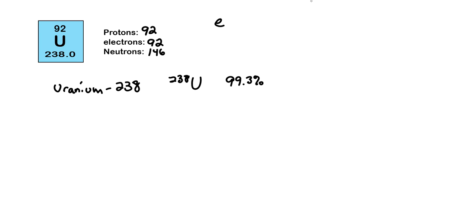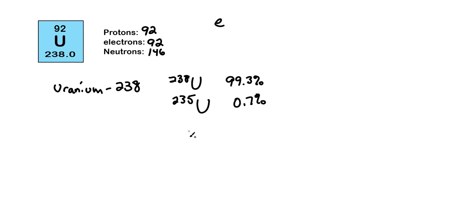Okay, there's another isotope of uranium that has a mass of 235 or 143 neutrons. That's uranium 235. Uranium 235 makes up about 0.7% of natural ore.